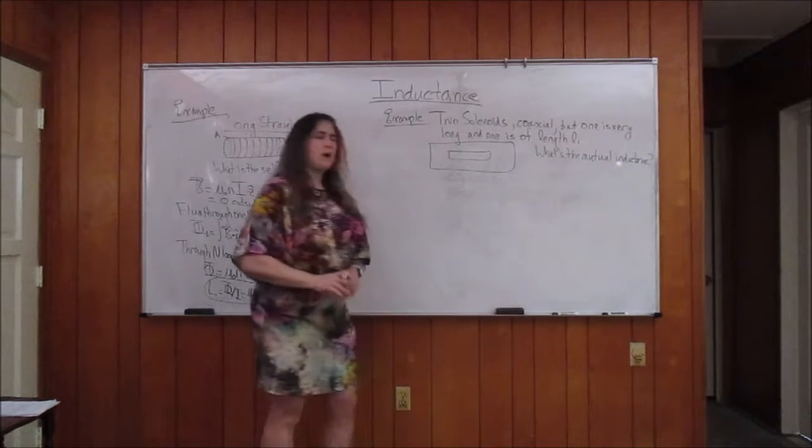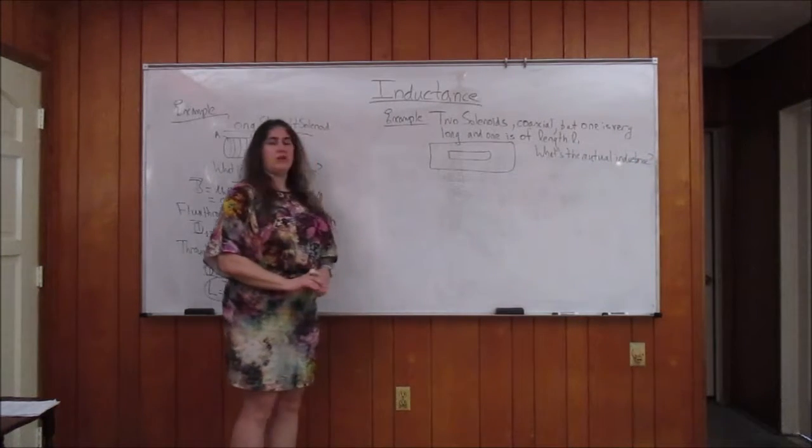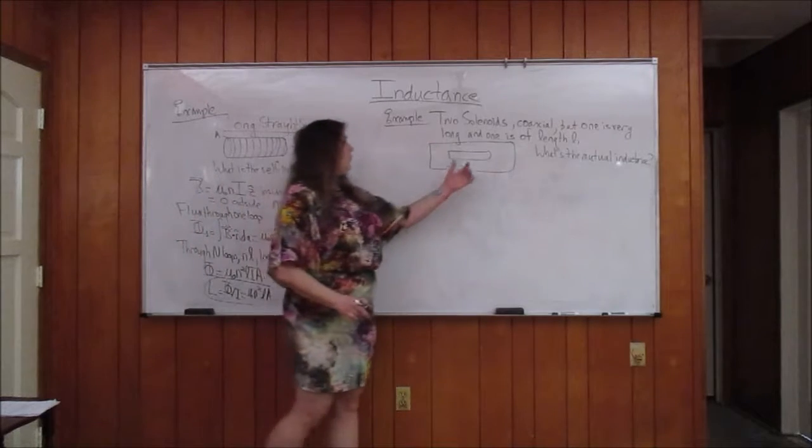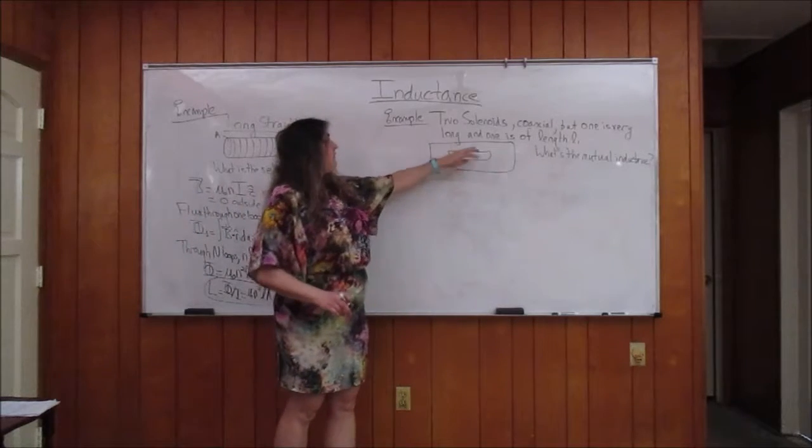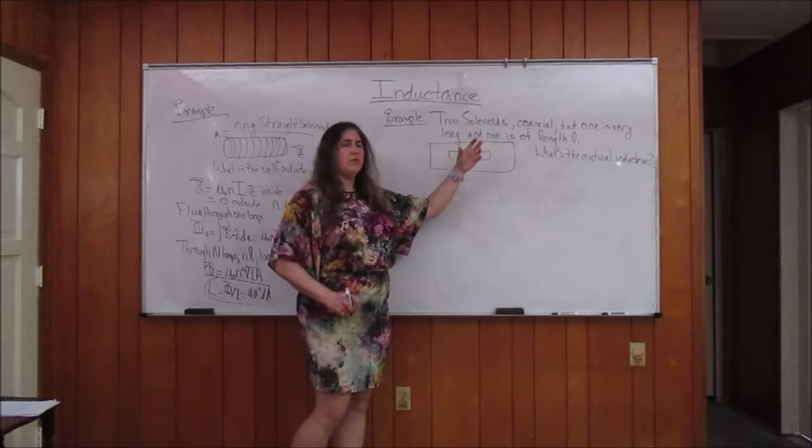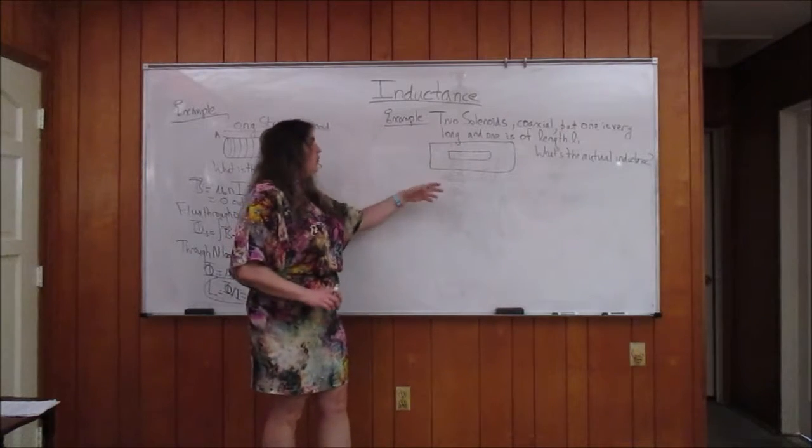Now, remember what I said about mutual inductance. It's symmetric, so I've got a choice here. I can assume the inside solenoid gave rise to a certain magnetic field and determine the flux.